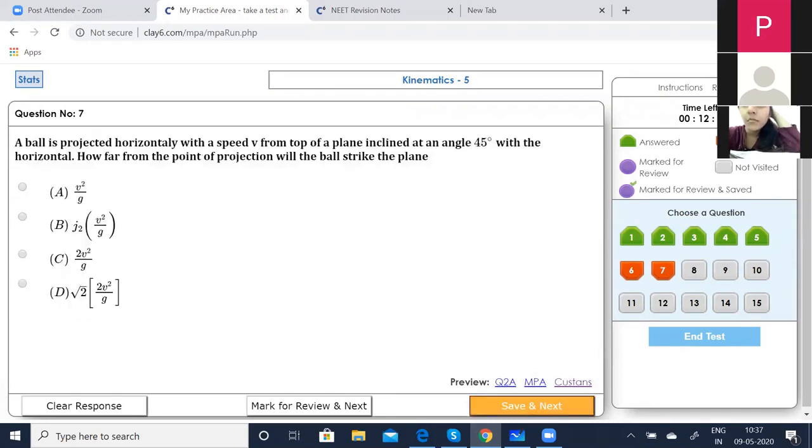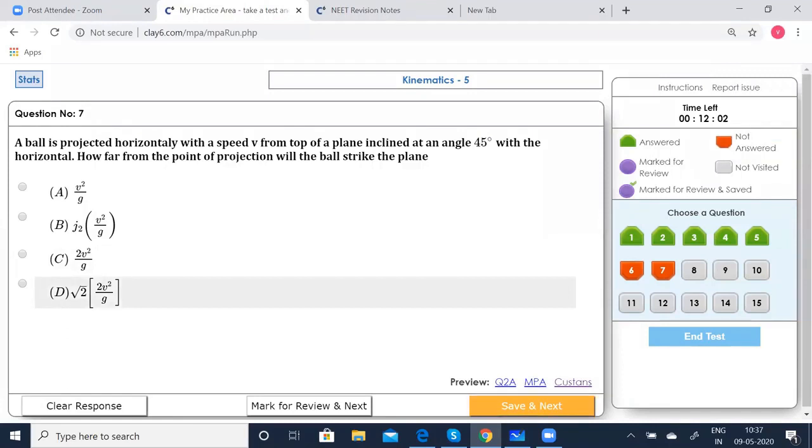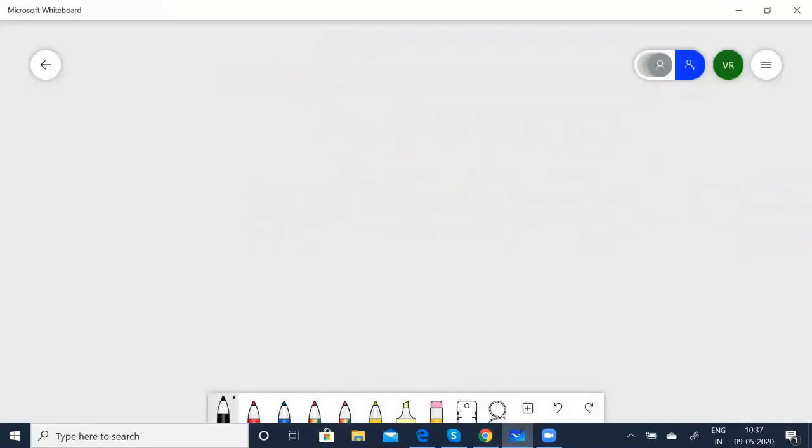A ball is projected horizontally with a speed v from the top of a plane inclined at an angle 45 degrees with the horizontal. How far from the point of projection will the ball strike the plane? Okay. Let us solve this. Let me draw the diagram here.